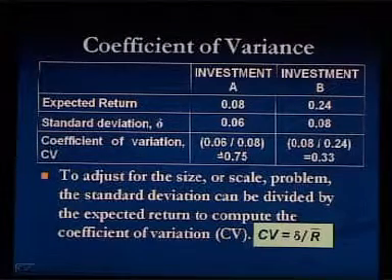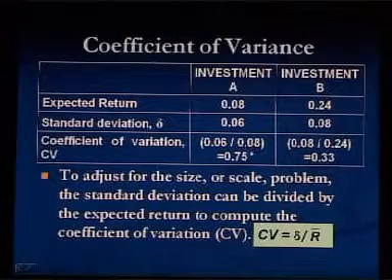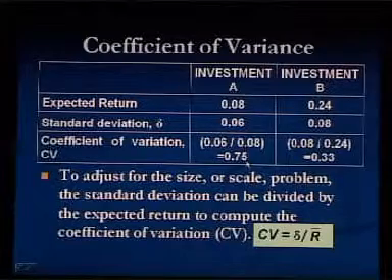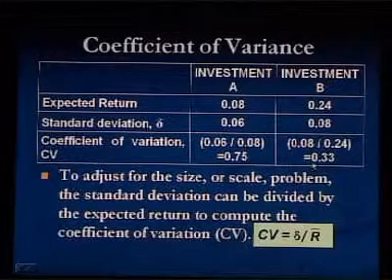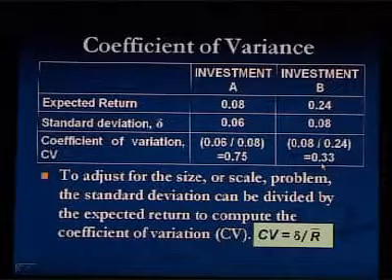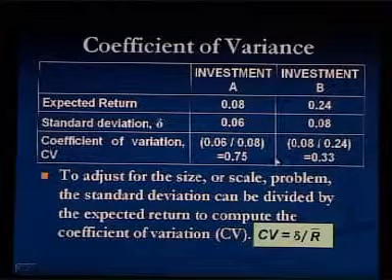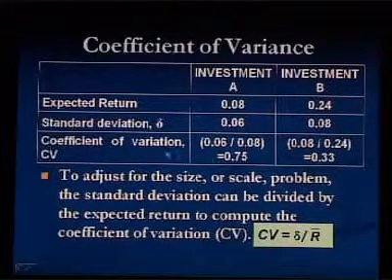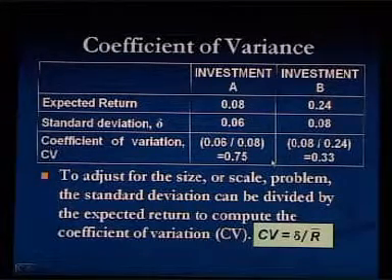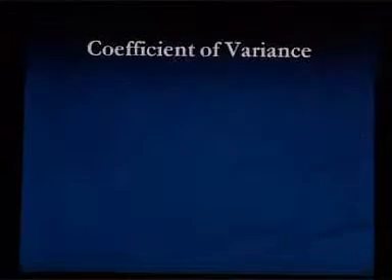You can see here that the standard deviation for investment A is 0.06 and expected return is 0.08. So, the CV or coefficient of variation is 0.75, and similarly for investment B the coefficient of variation is 0.33. So, it is very clear here that if we are going to compare the riskiness of two investments, then we should calculate the coefficient of variation, and by calculating it we can say that investment A is more risky as compared to investment B.